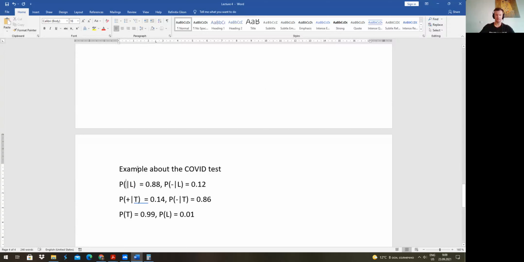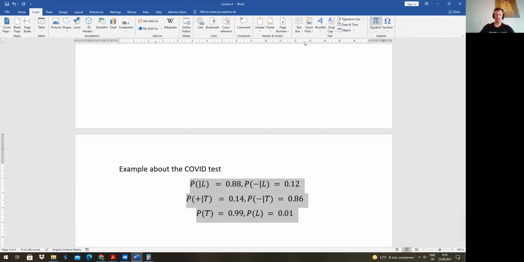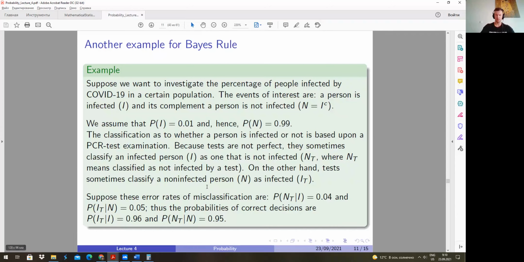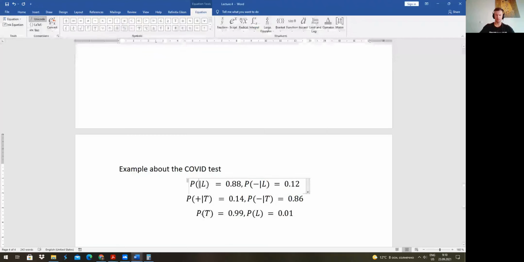What we have: the probability of I expected here.